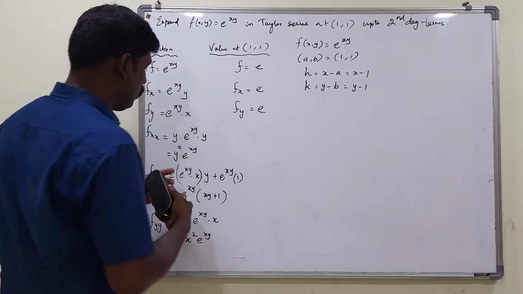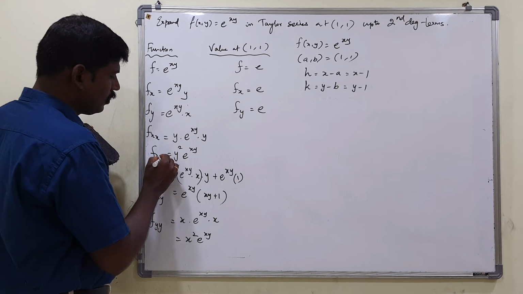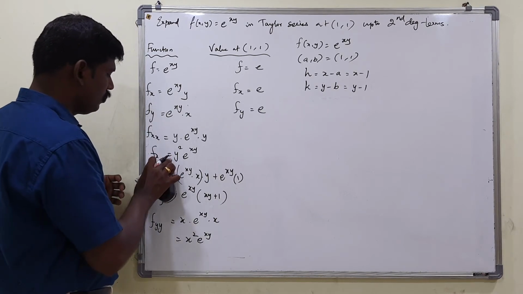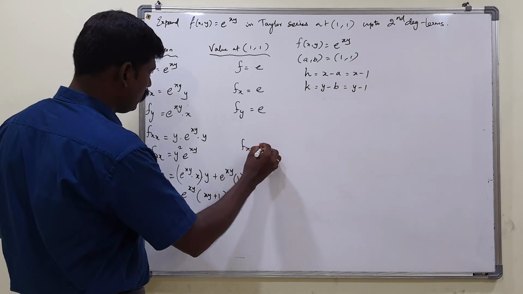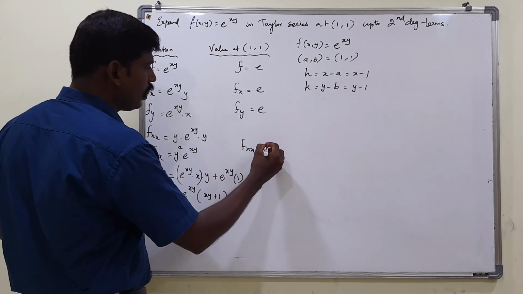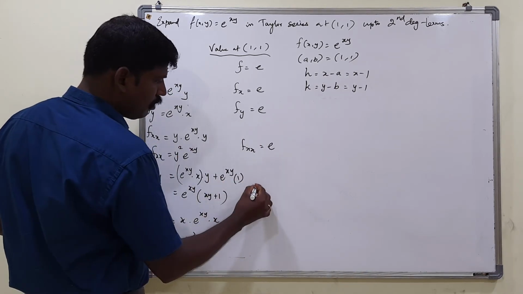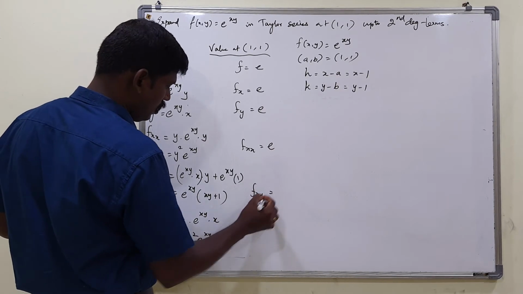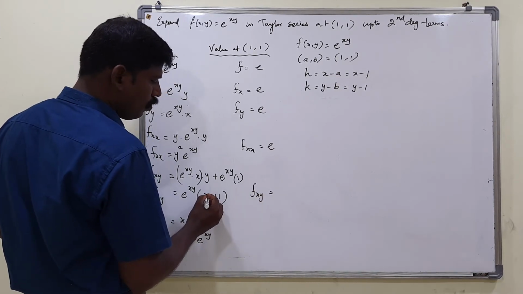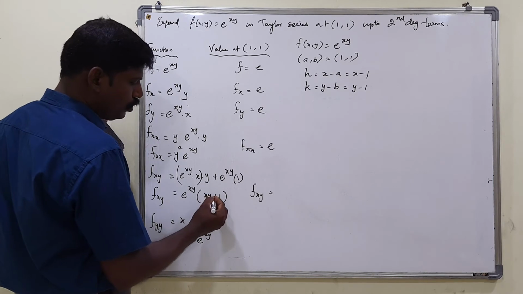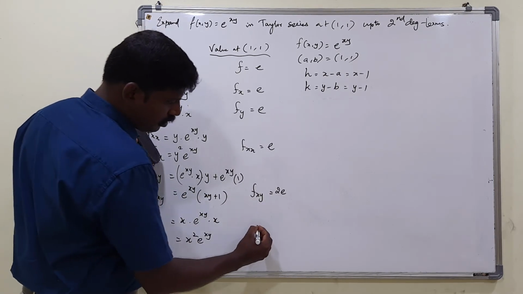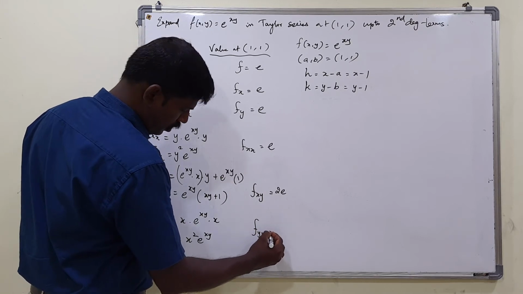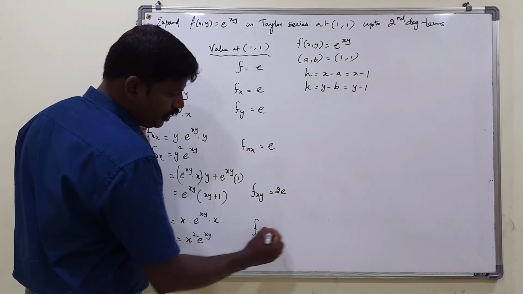Here it is, f double x. So f double x equal to 1 into e power 1, which is e. Same like that, fxy: 1 into 1, 1 plus 1, 2, 2 into e, 2e. Right? And then f double y equal to 1 into e, e.